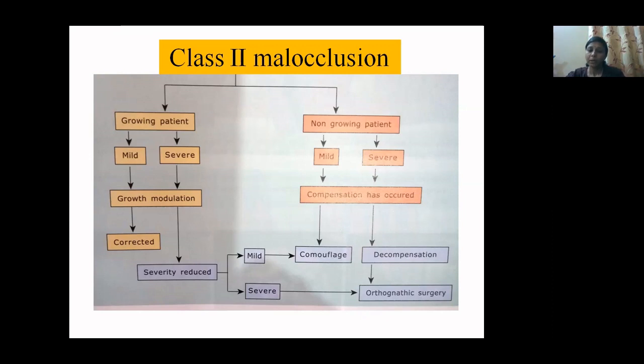Depending on the severity of the case, if it is not so severe, we find out whether compensation is there or not. Camouflage can be tried, and if compensation has already been there, then decompensation. Finally, in severe cases, orthognathic surgery is the option.